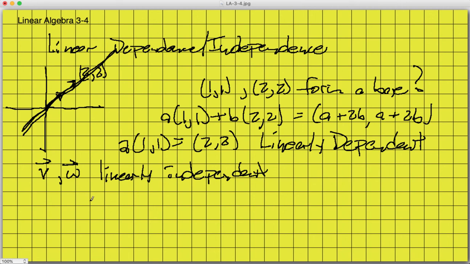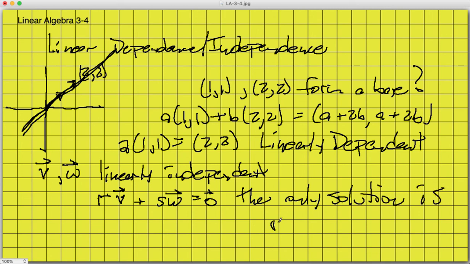One would say that if you were looking for real numbers r and s, if I were to go r times v plus s times w, and I would set that equal to the 0 vector, the only solution is r equals 0 and s equals 0.